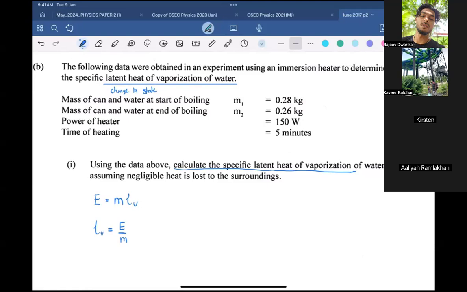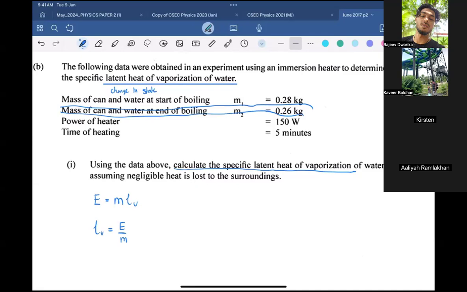An immersion heater is basically like an electric kettle in our kitchen that I just plug into the wall. This over here is before you start boiling it, when the water is at room temperature. After you boil it, some of the water gets hot and escapes as steam.